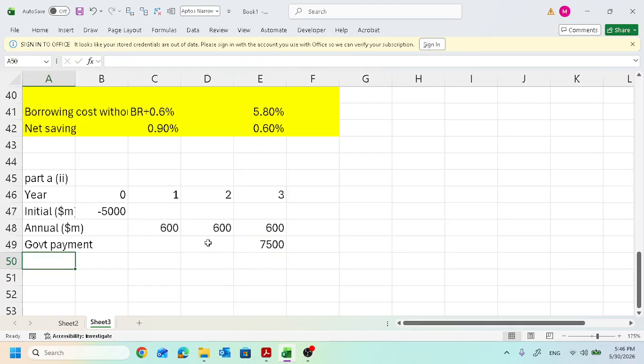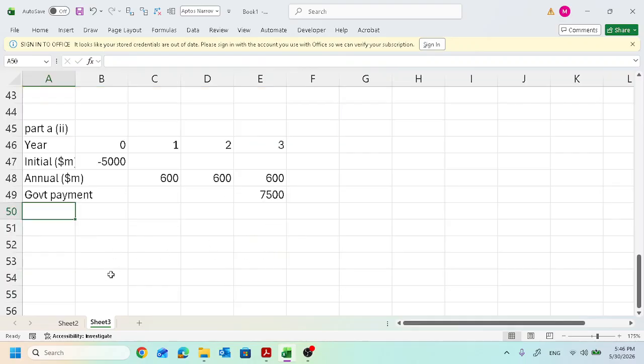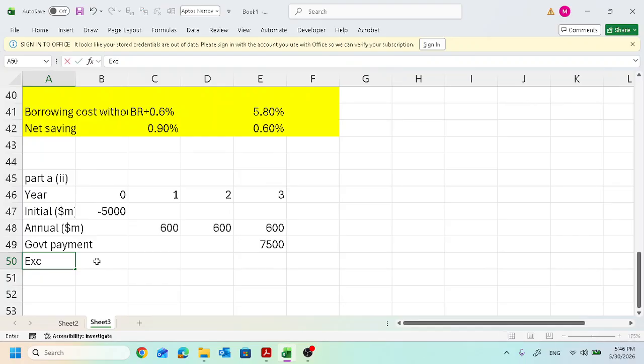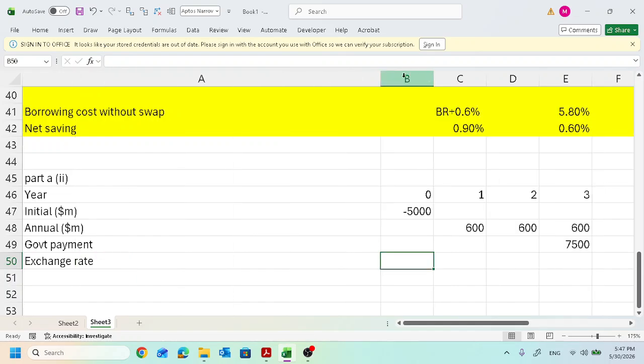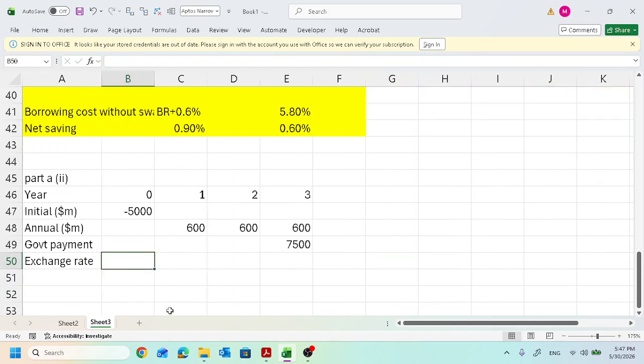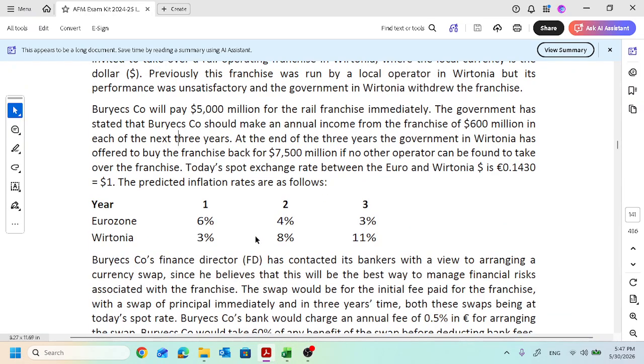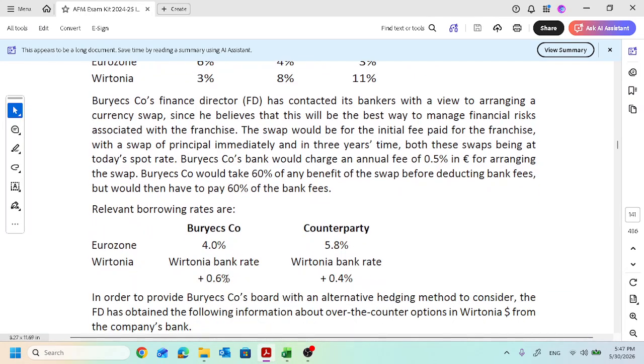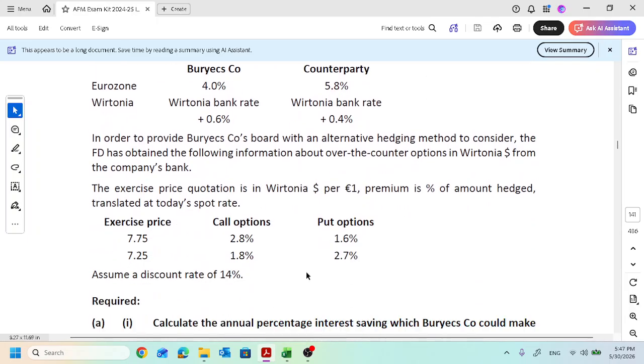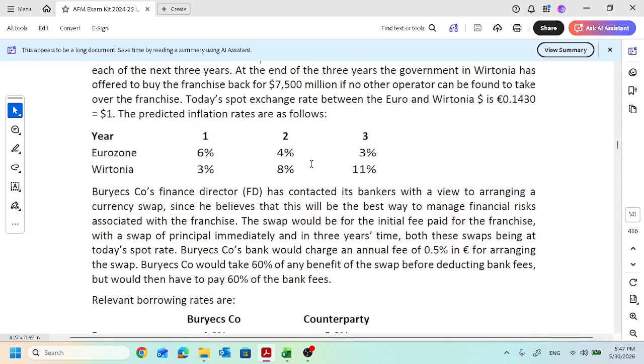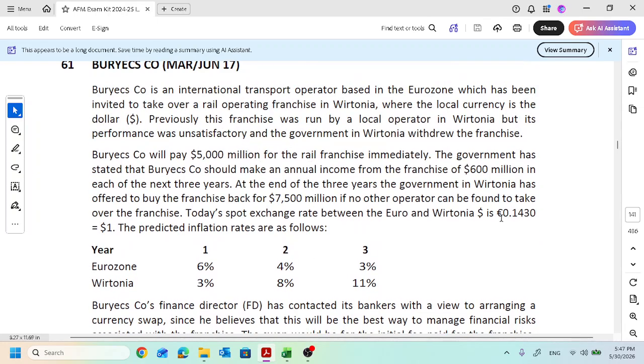I need exchange rates to convert this. Spot rate is given. Others I have to find using purchasing power parity. Today's spot rate, it was given somewhere, 0.1430 euro per dollar.